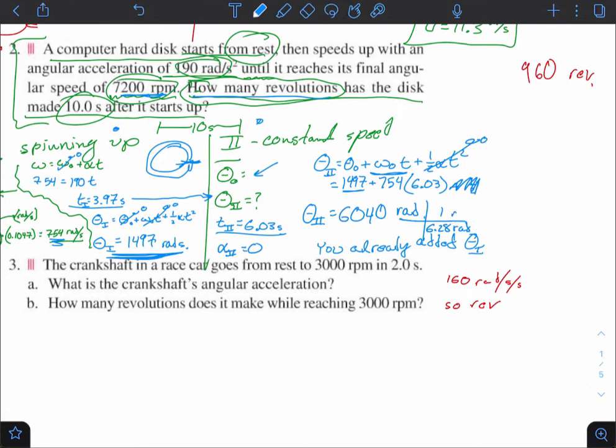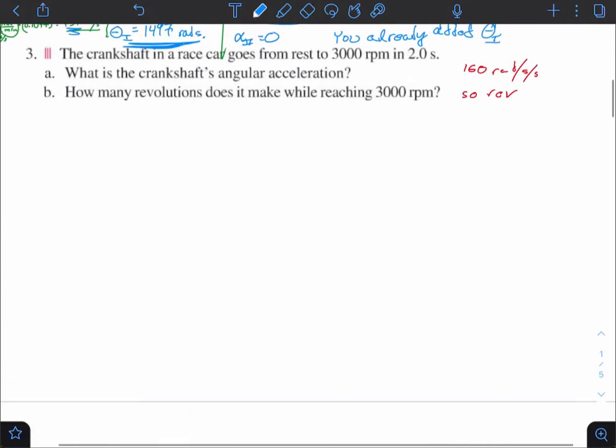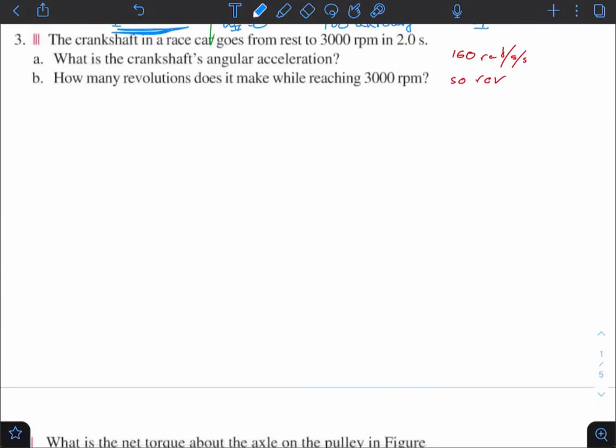Sorry, 1 revolution is 6.28 radians. Goodness gracious. So 6040 divided by 6.28 is 962. So it has completed 962 revolutions, and that's the total displacement, which is what the answer key says. I agree. All right, number 3.